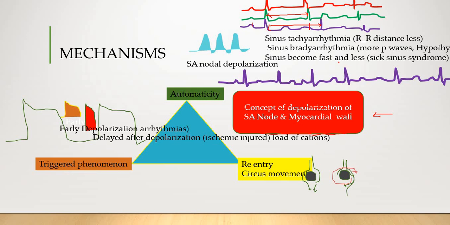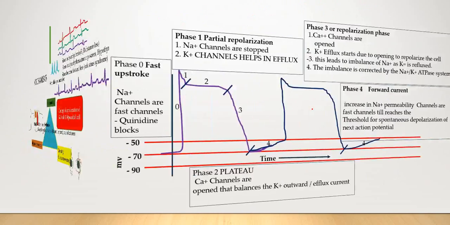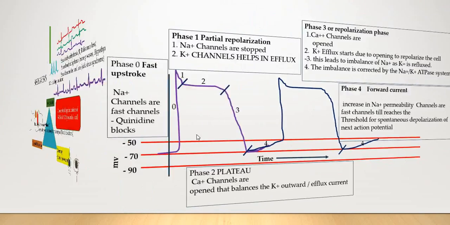And as we discussed in the previous slide, there may be sick sinus syndrome, where the sinus node is weak or injured due to any pathological conditions, or any cation loads, or any electrolyte imbalance. And what happens then? There is tachyarrhythmia, and tachyarrhythmia is then followed by bradyarrhythmia.